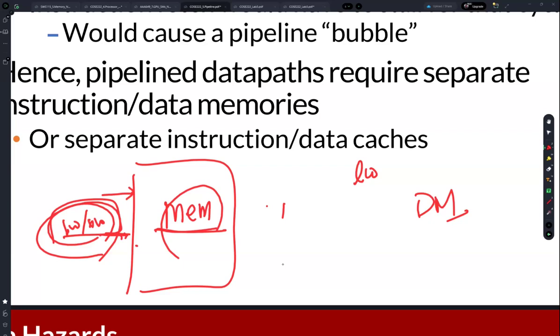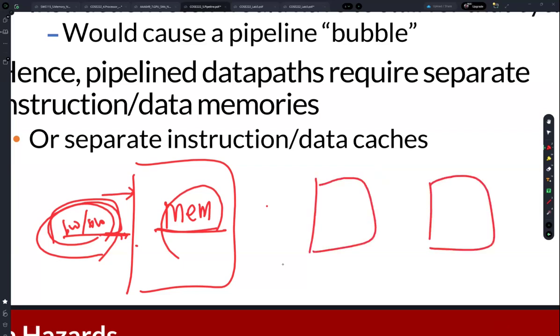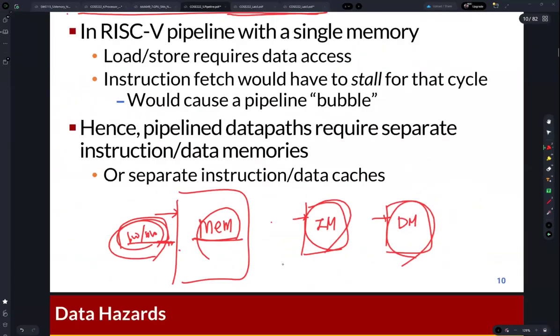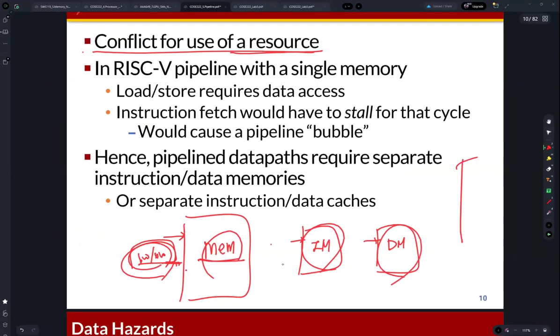In order to avoid this situation, we split the memory into the instruction memory and the data memory. So even though the instruction memory is occupied, load word or store word can access the data memory. I already explained that instructions are also stored in the same memory space.